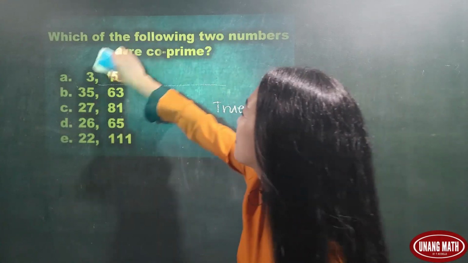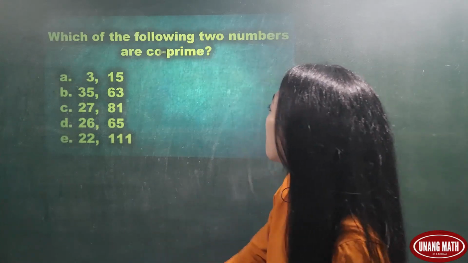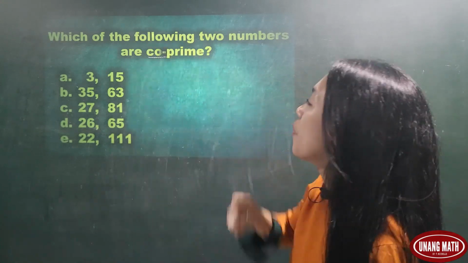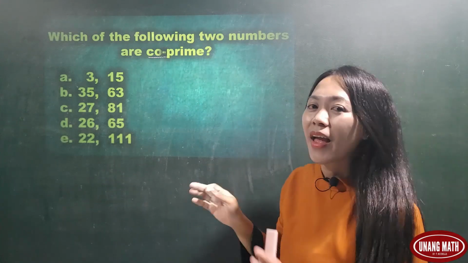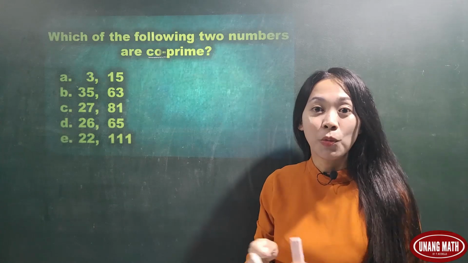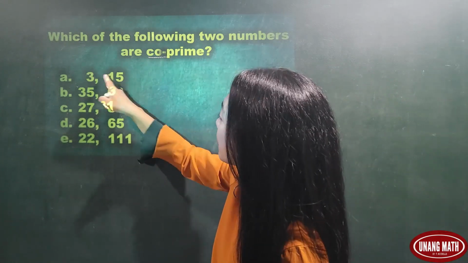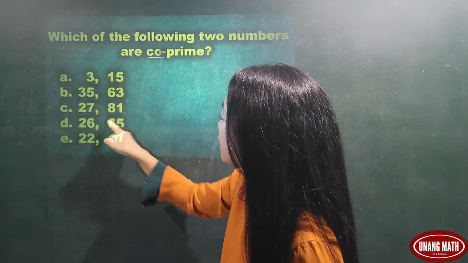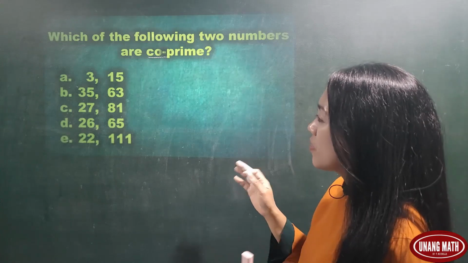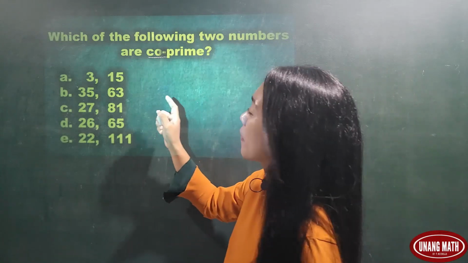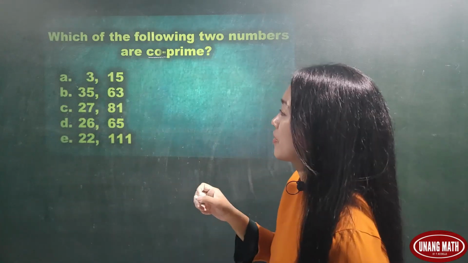Let's answer another problem. Which of the following two numbers are co-prime? In this kind of problem, it's difficult and it will be long if we are going to list or write all the factors of each number. So our strategy here is we just need to think of a number that we can divide to both numbers.